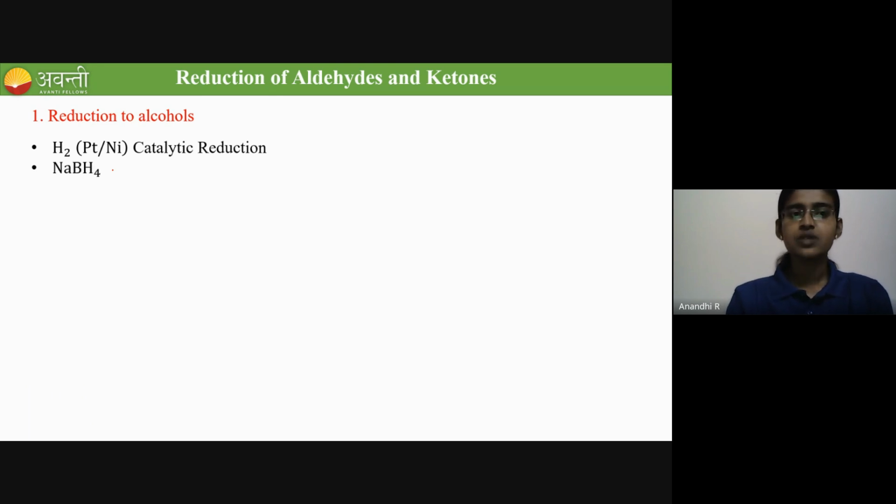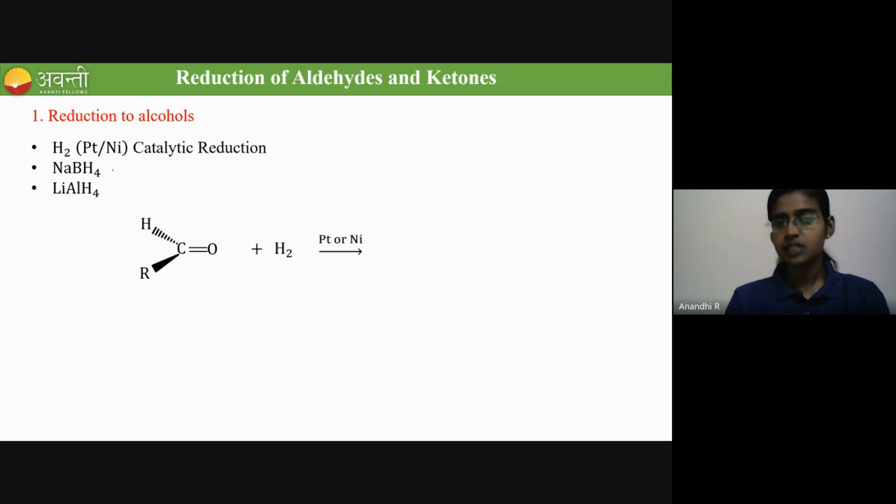And the second reducing agent is sodium borohydride, which is represented as NaBH4. And the third reducing agent is lithium aluminium hydride, which is represented by the symbol LiAlH4. So these three are the reducing agents which are being used for the reduction purpose. Okay. First, we are going with the first reagent, that is catalytic reduction.